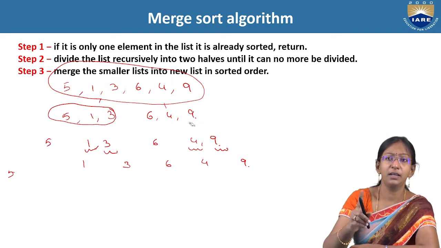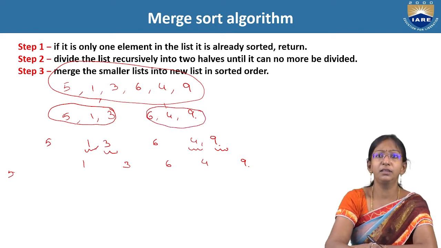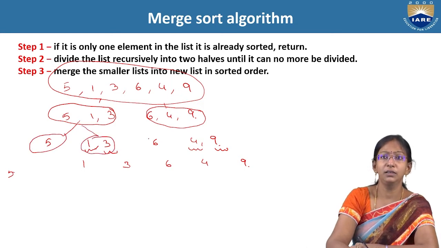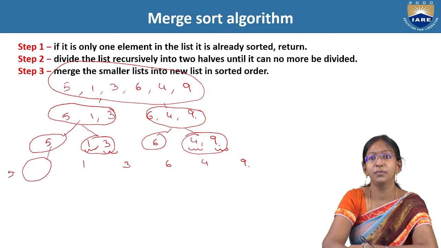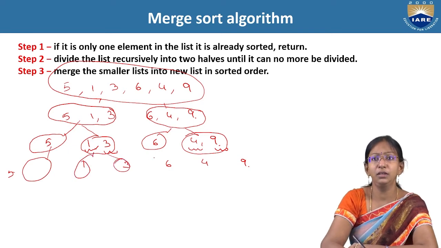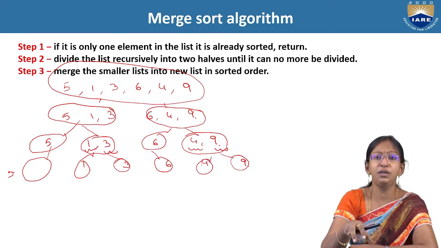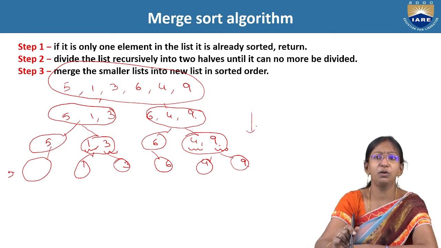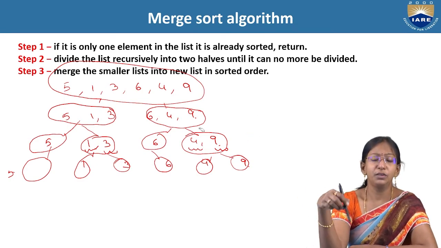Further, this is divided into two children, 1, 3, and 6, 4, 9. It is further divided into 5, 1, 3, with 6 carried forward. Can you see a tree-like, top-down structure, where all the leaf nodes are single data elements? So how are we going to perform the sorting?